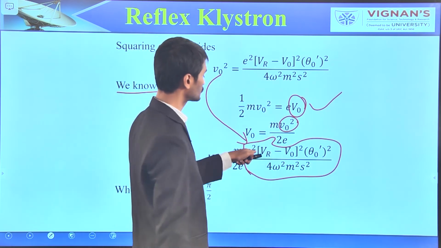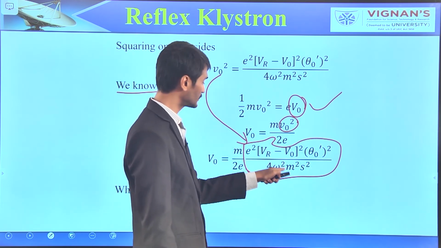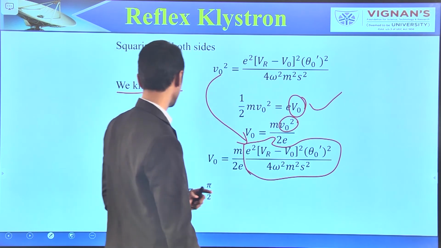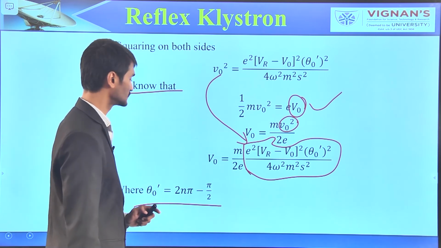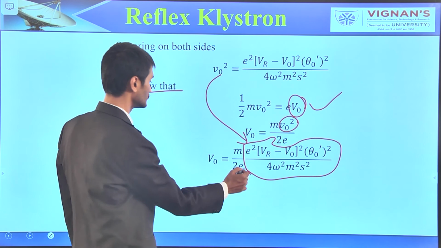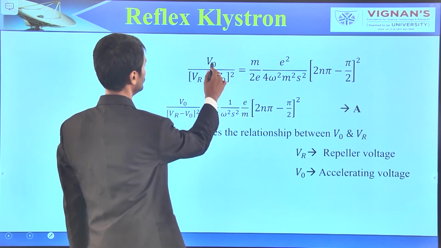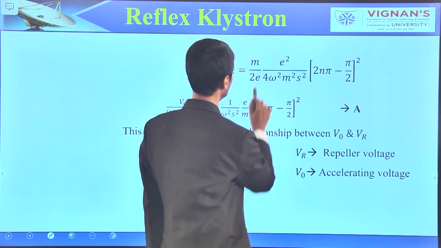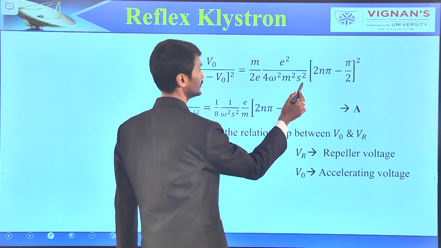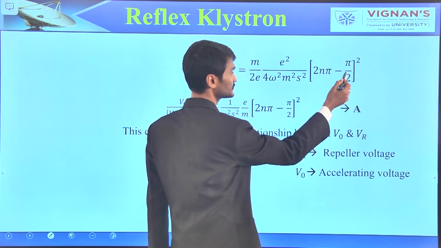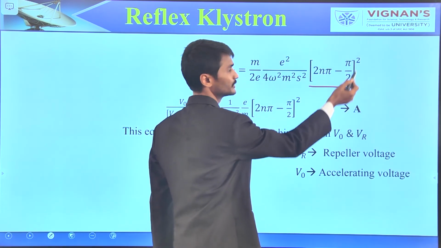So that is e square (VR minus V naught) square into theta naught prime whole square by 4 omega square m square s square, right, where theta naught prime is 2n pi minus pi by 2. So V naught by (VR minus V naught) whole square is equal to m by 2e into e square by 4 omega square m square s square into theta naught prime whole square, that is 2n pi minus pi by 2 whole square.